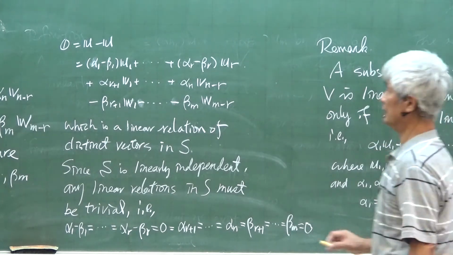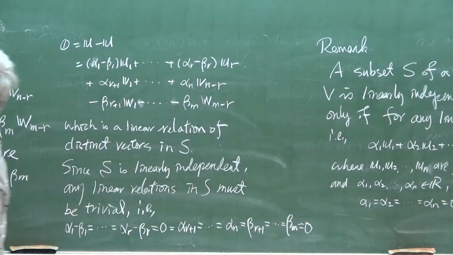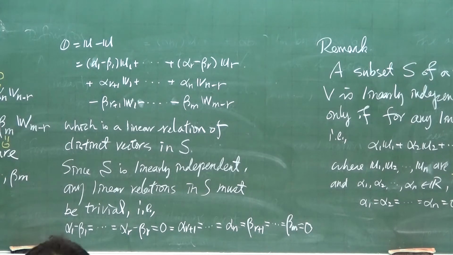Okay, so now they are all zeros, so they can be neglected. And alpha 1 is equal to beta 1, alpha 2 is equal to beta 2, and alpha r is equal to beta r.